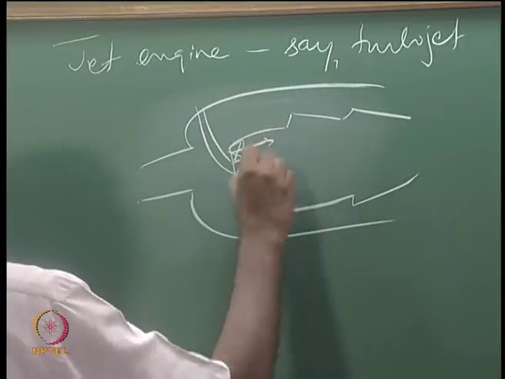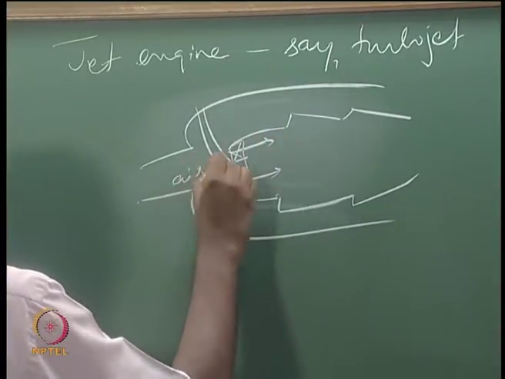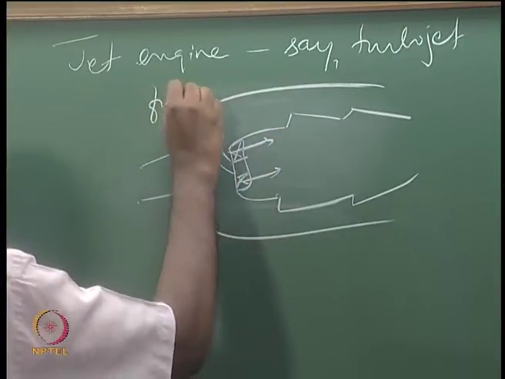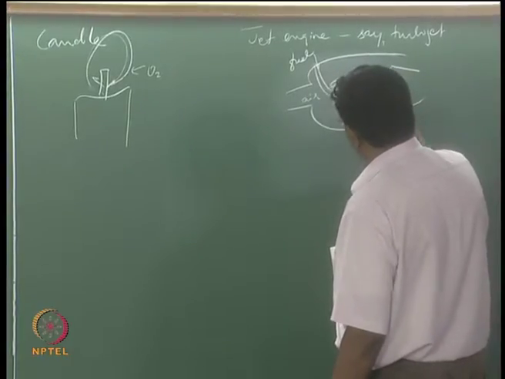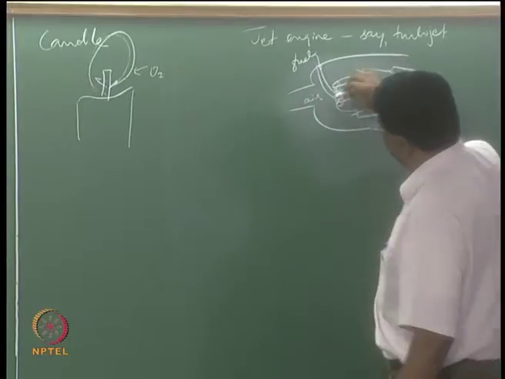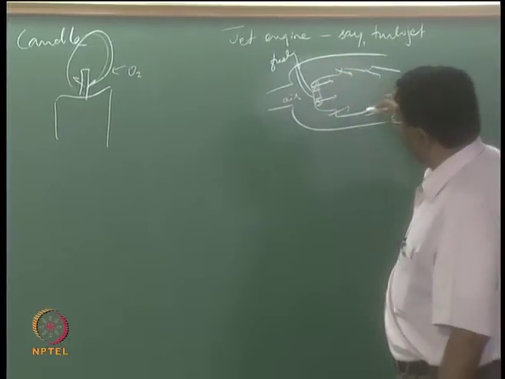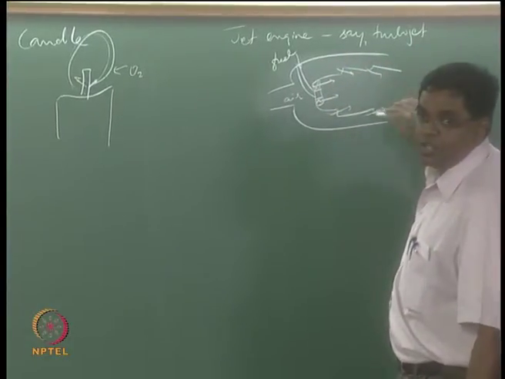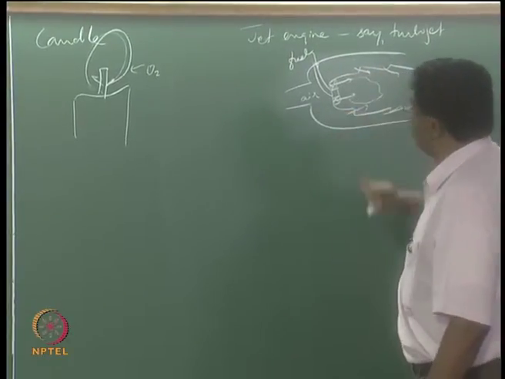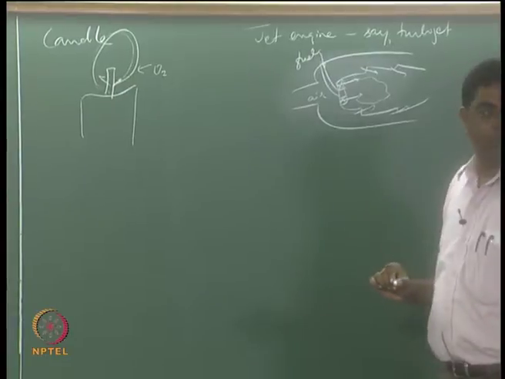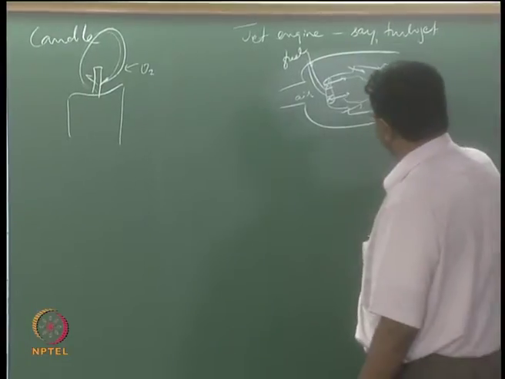So I had an airflow come over here. This is fuel, and you had the air come also on the sides. So this is what's called primary air, this is secondary air, that's dilution air, and so on. So you now have a flame that is sitting there, a highly turbulent flame, right?